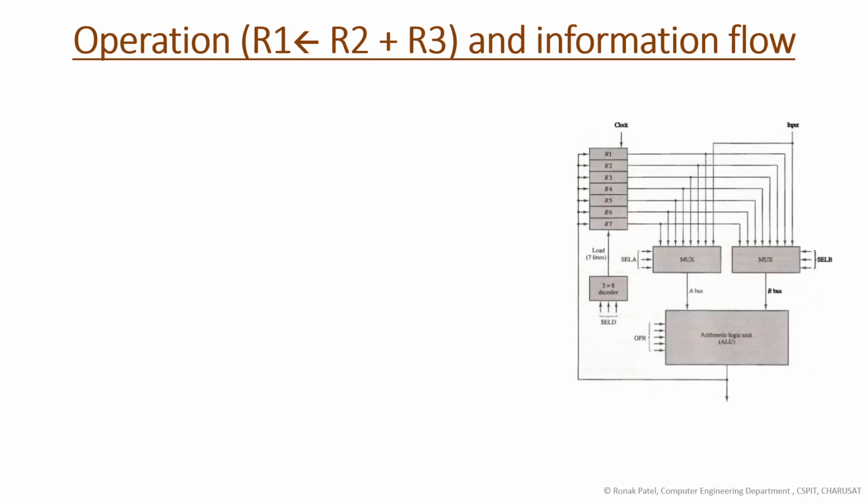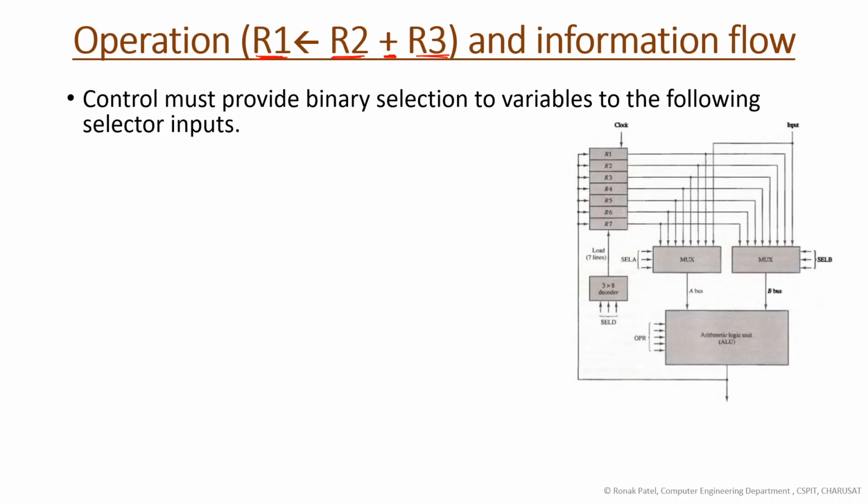Now assume that we want to perform R2 plus R3 addition, and the result must be stored into R1. So two operands, R2 and R3, the addition operation, and the result we want in R1. How does the information flow?